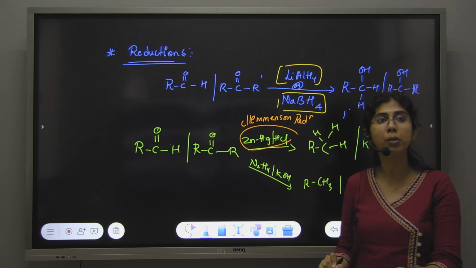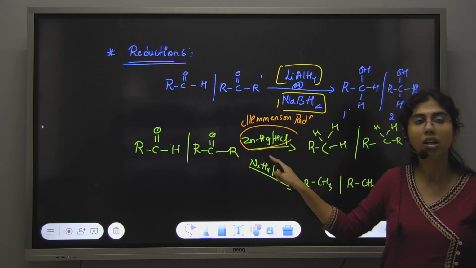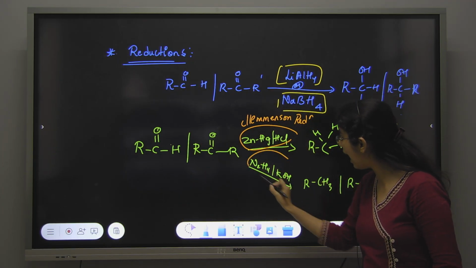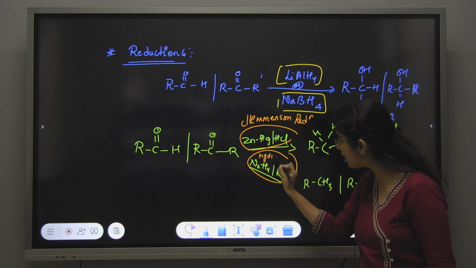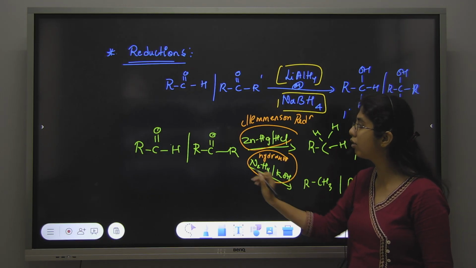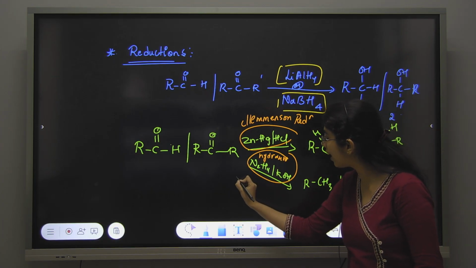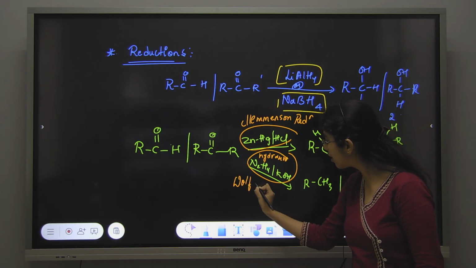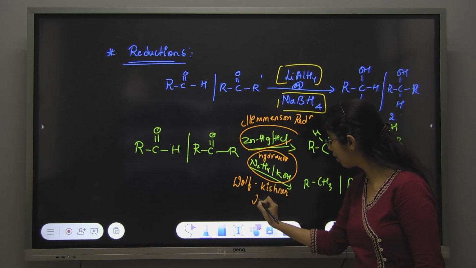So you have to remember, if it is Clemmensen reduction, the reagent is zinc amalgam and HCl. And if you take this species, which we call hydrazine, N2H4, and carry out the same reduction, you would call it Wolff-Kishner reduction.